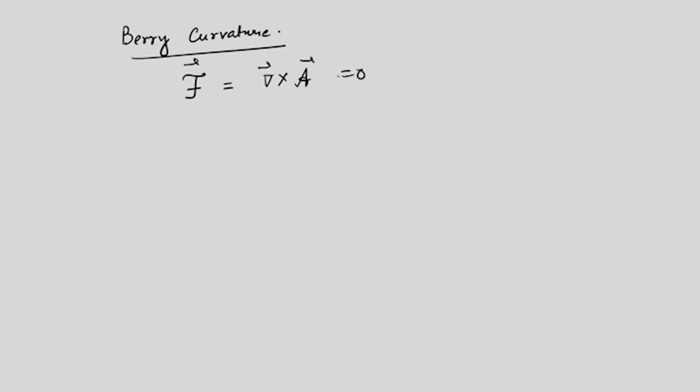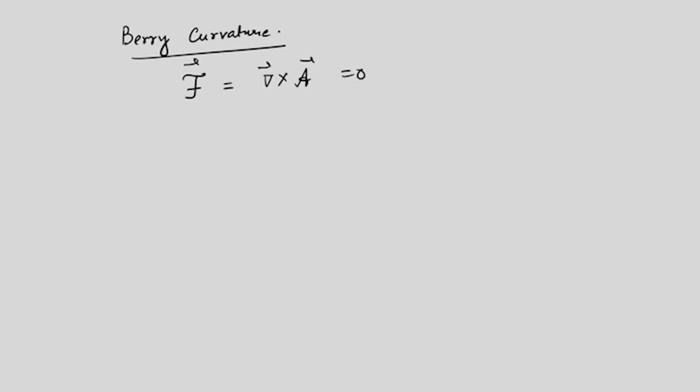Because of this, of course, the Berry curvature, which is usually defined as F equal to curl of A, is equal to 0, because A is like 1 over 2q in the phi cap direction.